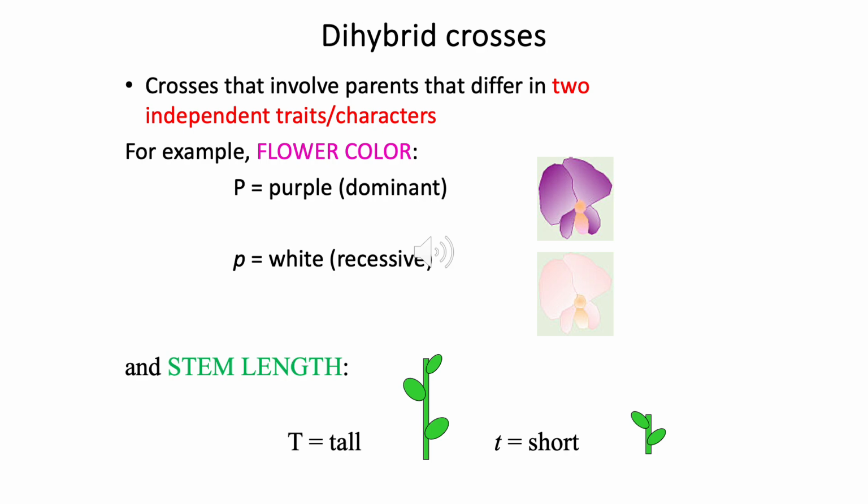Here I give the example of flower color, purple and white, combined with a second characteristic, stem length. So we have two here, flower color and stem length, each represented with a letter, T and T.